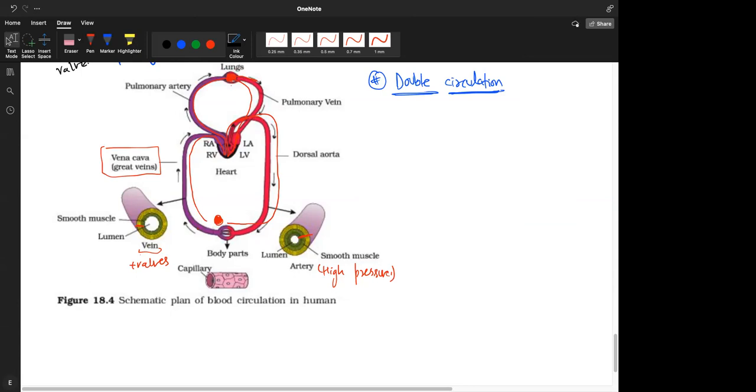It simply means that the heart circulates the same blood twice, once through the lungs to get it oxygenated, and then, when it gets oxygenated, the same blood goes through the body, every part of the body. And when I am saying that blood goes to the lungs for oxygenation, it is a very specific part of the lung called alveoli.